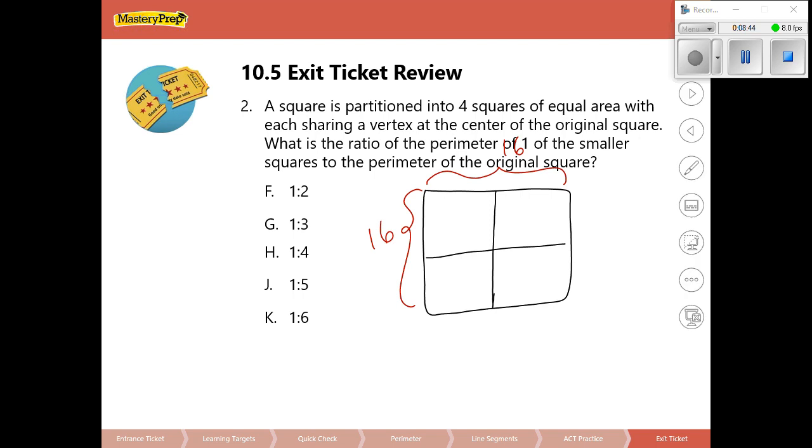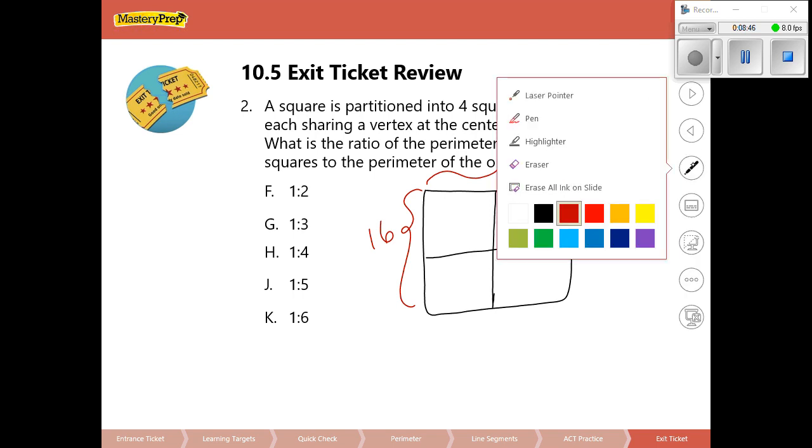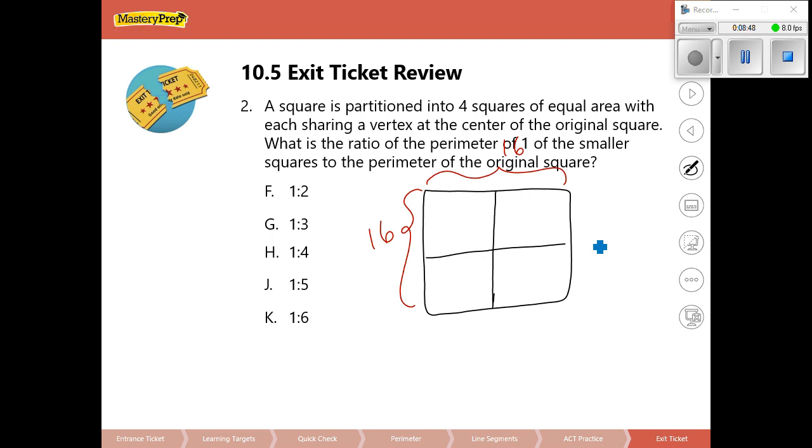All 4 sides would be 16, yes? Now it says that this is into 4 squares of equal area. So if they're of equal area, it means the lengths and widths are all going to be the same. So what would the lengths of each one of these squares be? Well, it would be really 8 and 8.